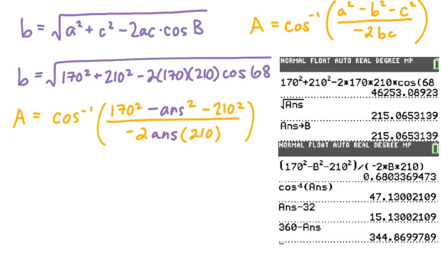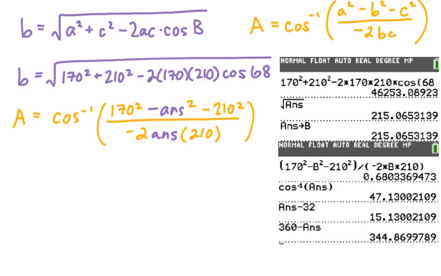So I've brought in a picture here of how I would work out b. I would type all of this in on one line, making sure that my calculator is in degree mode because this angle is in degrees. So I have 170 squared plus 210 squared minus 2 times 170 times 210 times cosine of 68, close the parentheses. I get this large number, 46,253.89.